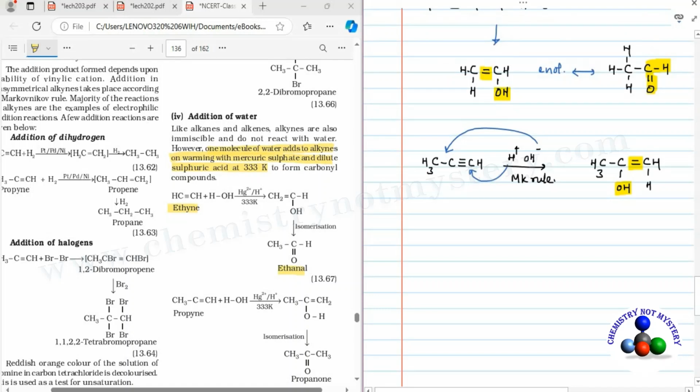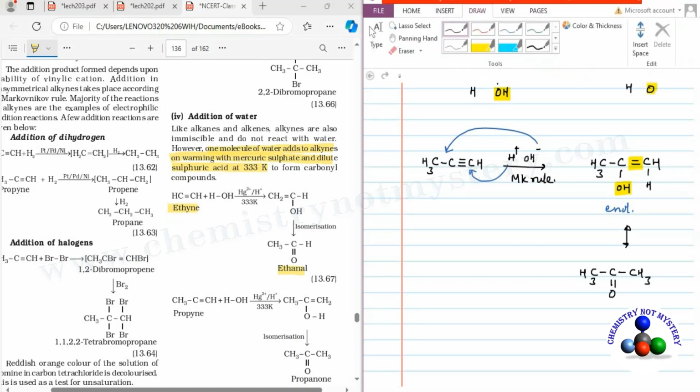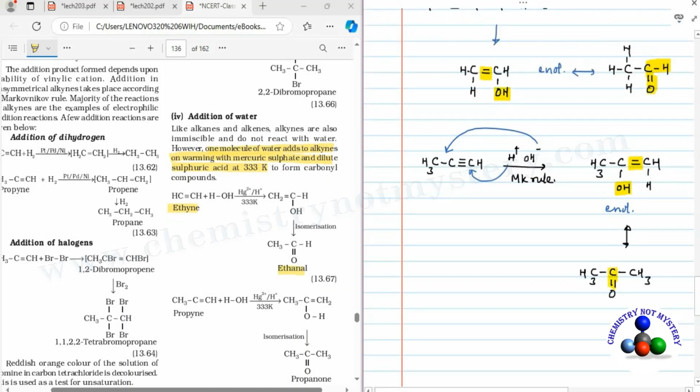So it will undergo isomerization, and here you will get CH3 single bond C, double bond O, single bond CH3. So here you will get a ketone. So only in case of ethyne you will get aldehyde, otherwise you will get ketones.